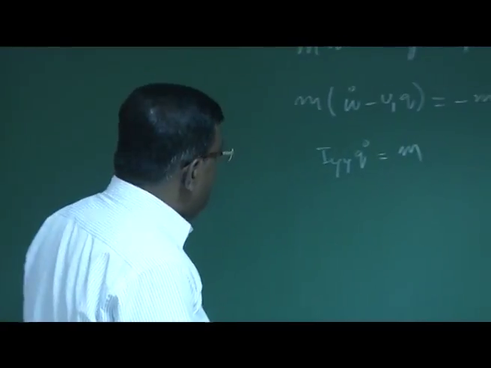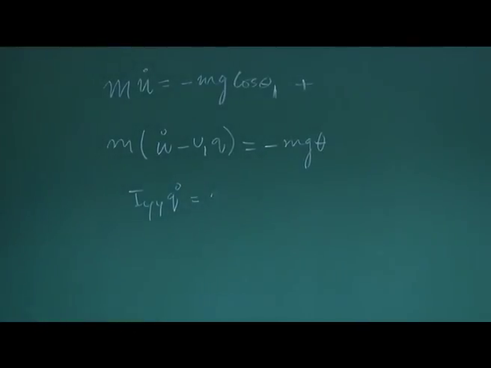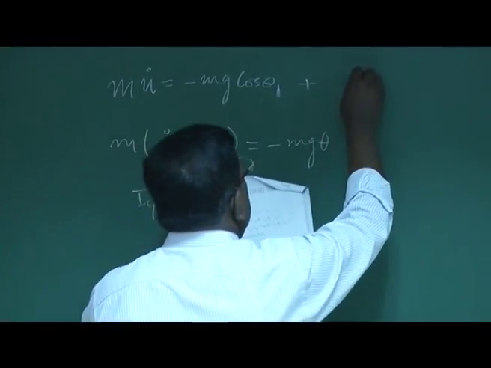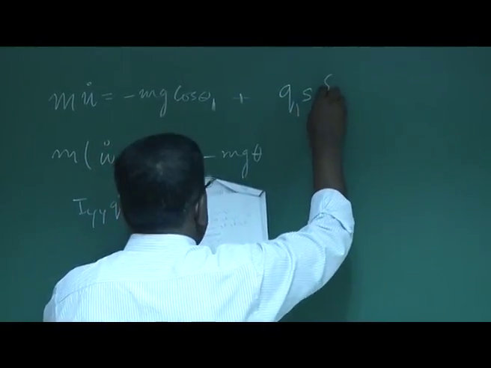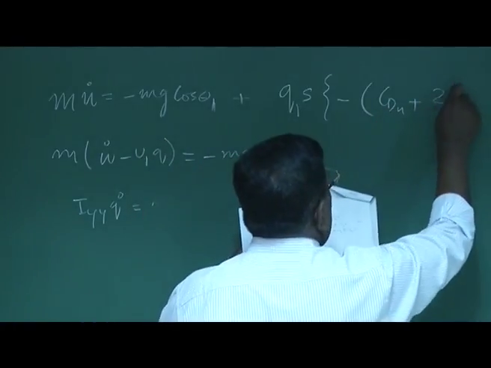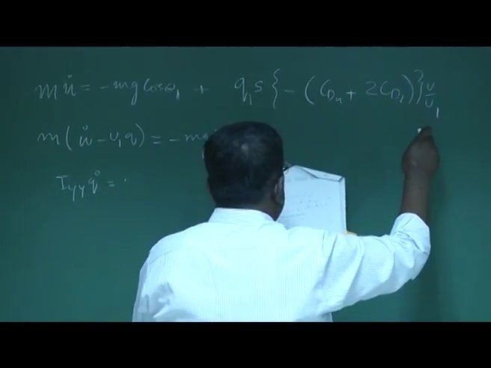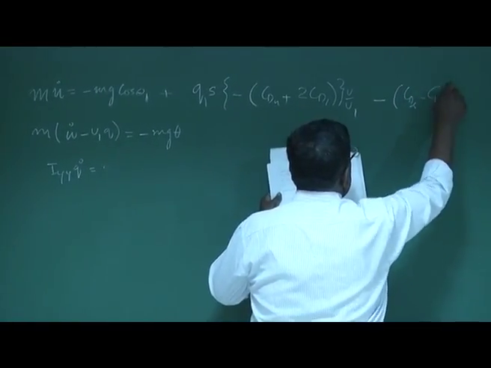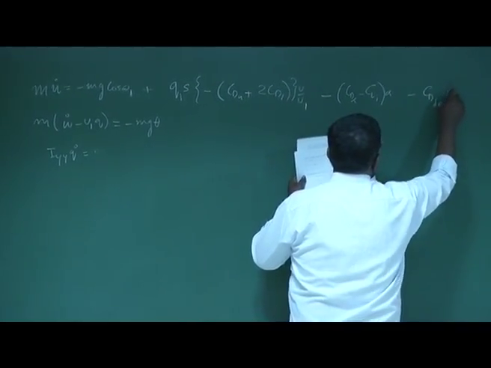To be more precise, for Fx, using those stability derivatives, we wrote this as Q1 S times minus CDu plus 2 CD1 into u by u1, then minus CD alpha minus CL1 into alpha, then minus CD delta e into delta e.